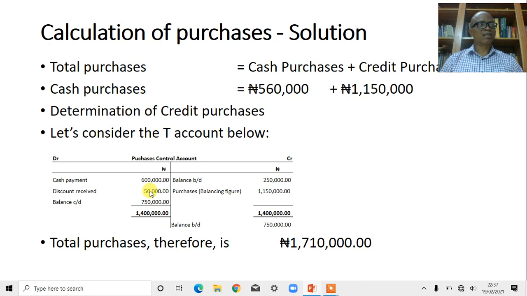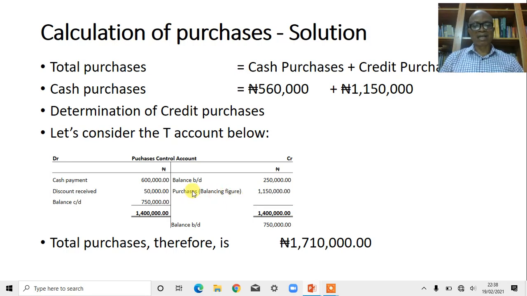Total discount received, okay, 60,000 naira. Okay, and balance carried down, because it's also a credit balance, you're going to have a balance CD on the debit side, and then balance brought down on the credit side, meaning that it's going to be a credit balance at the end of the day because it's a liability.